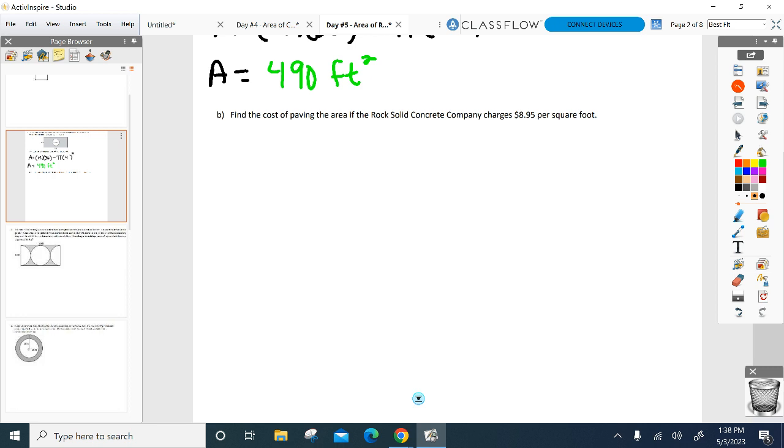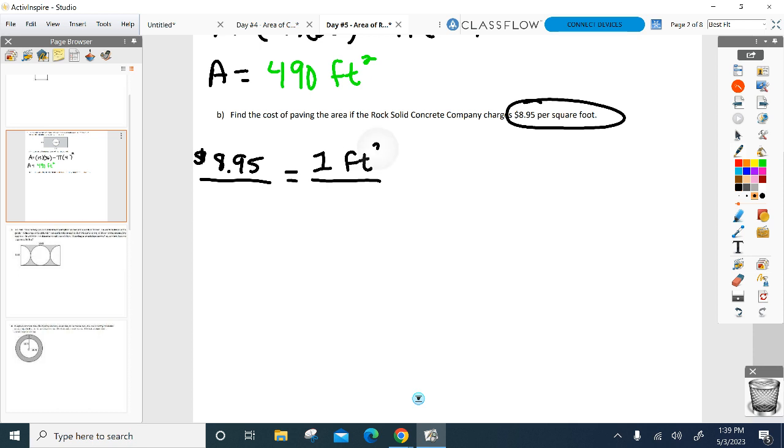So if you're ever unsure of yourself, do a proportion. What do I mean by do a proportion? Well, we know what they look like, right? Right across, I write the fact that the problem gave me. $8.95 for 1 square foot.